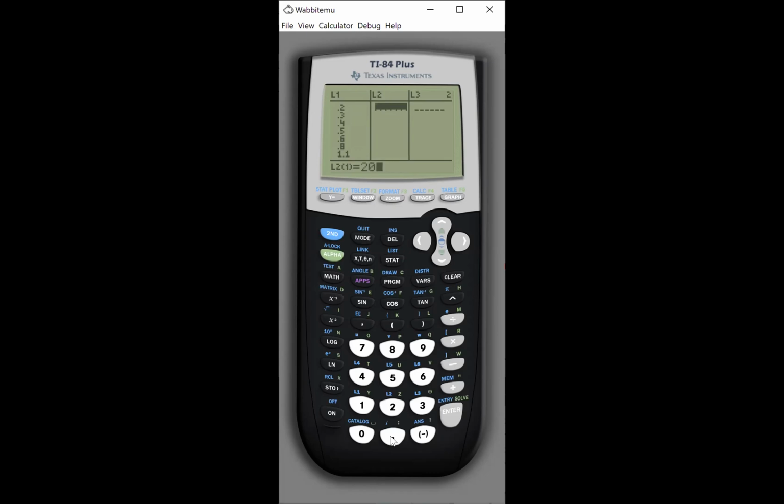So then you go 20, 30, oops, not 40, 22, 30, 38, 23, and lastly 30. So you just want to make sure if you have the TI-84 that you enter it into L1, L2. All right. Everybody who's using a TI-84.